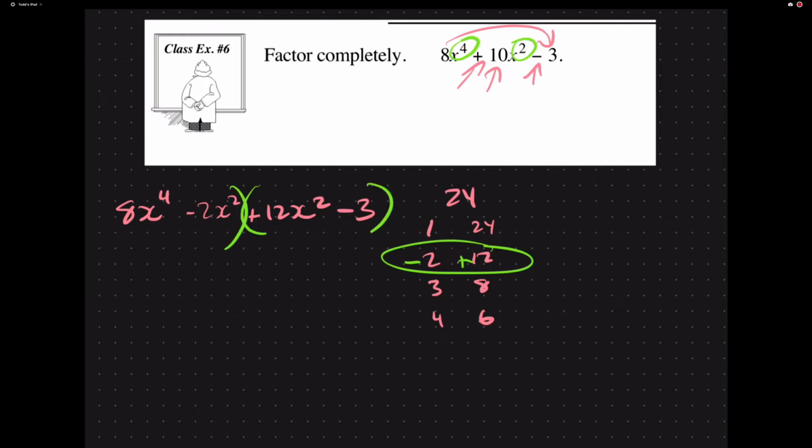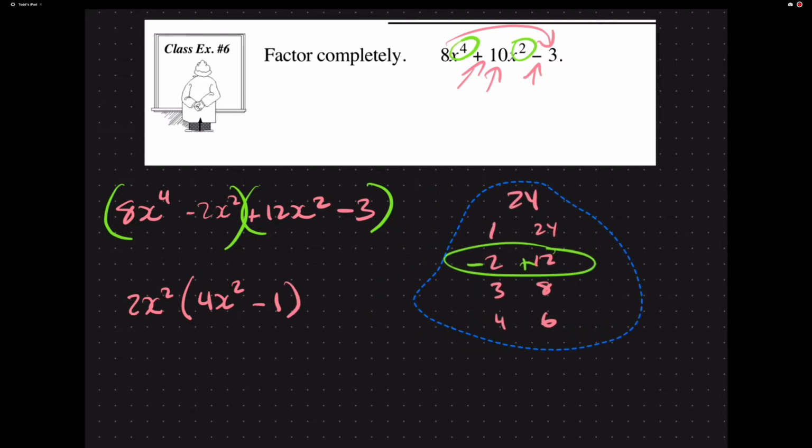And we're going to split that up and pull something out of the first one, which looks like we'll pull out a 2x squared, and that will leave us with a 4x squared minus 1 on the inside.